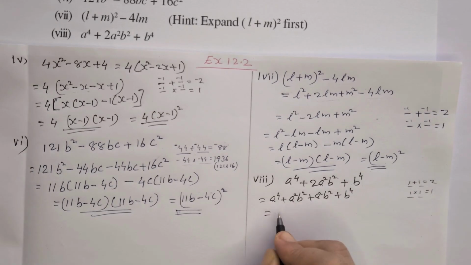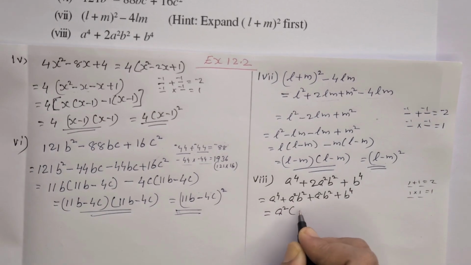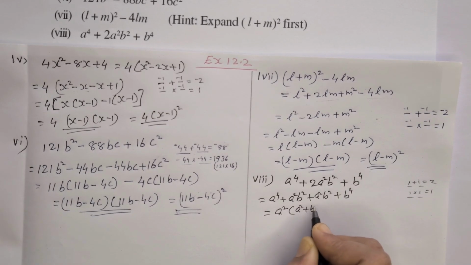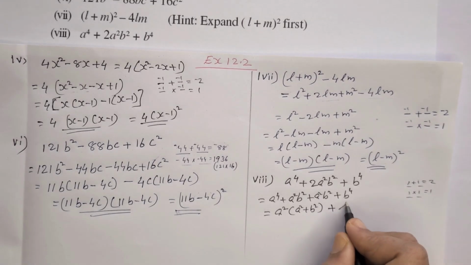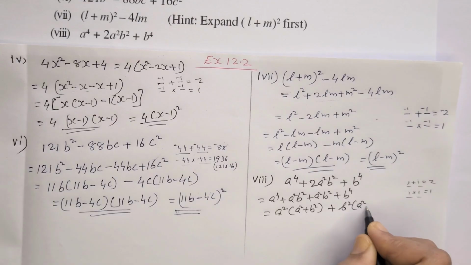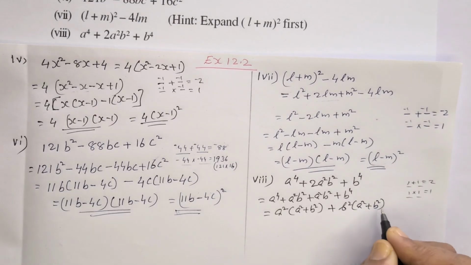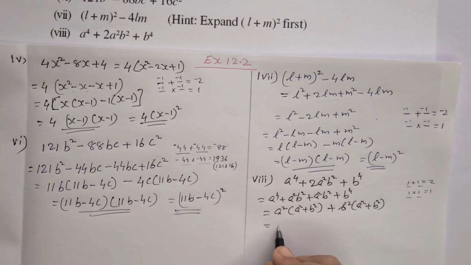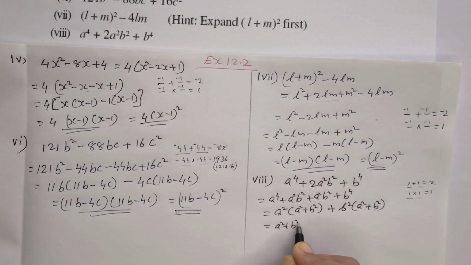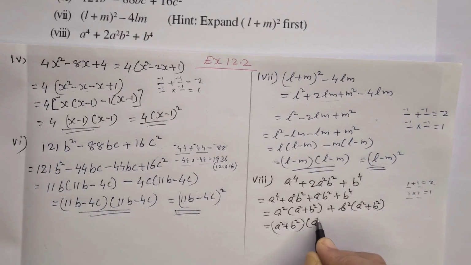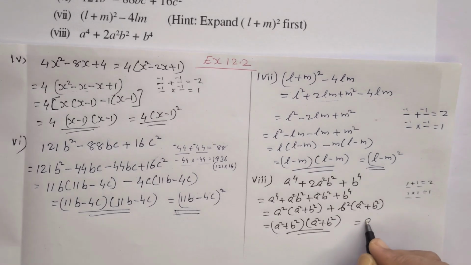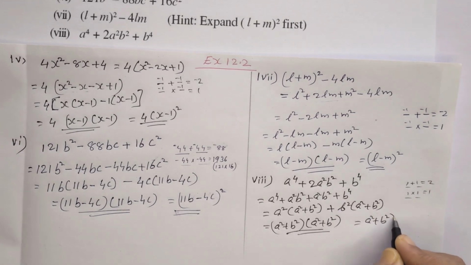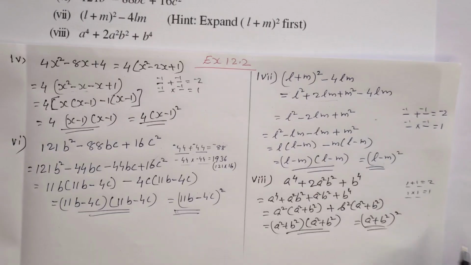From the first two terms we can take a square as common: a square plus b square inside the bracket. From the next two terms we can take b square as common: a square plus b square will come there. Then that bracket a square plus b square is common, which is equal to a square plus b square the whole square.